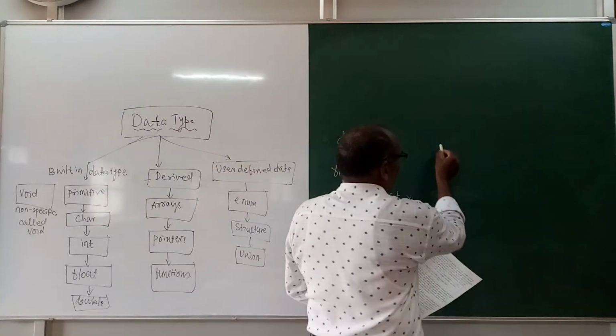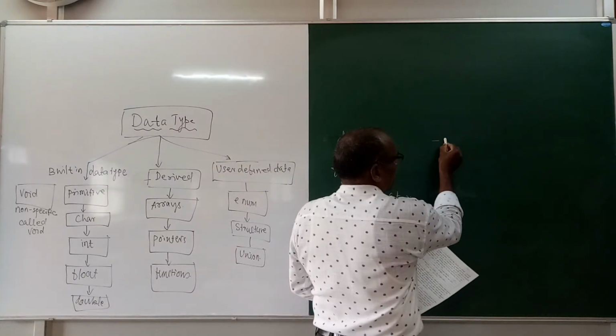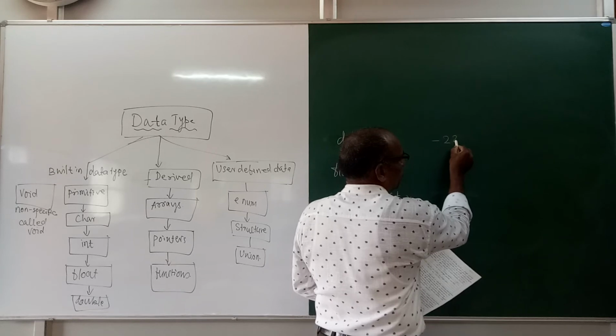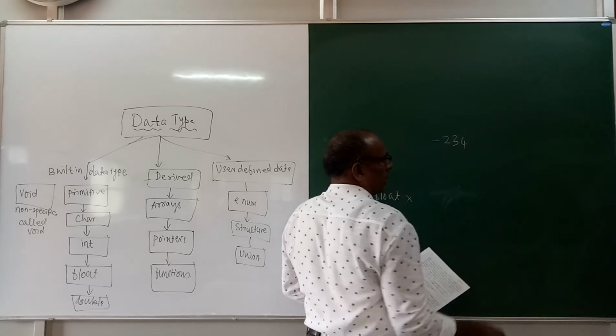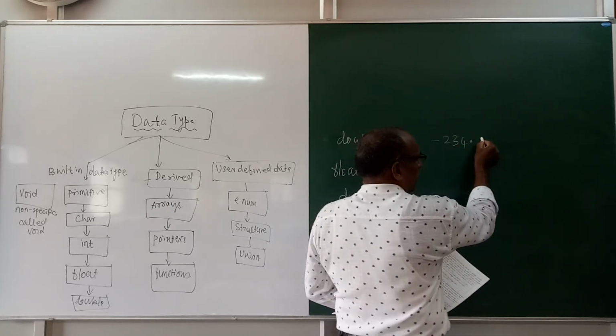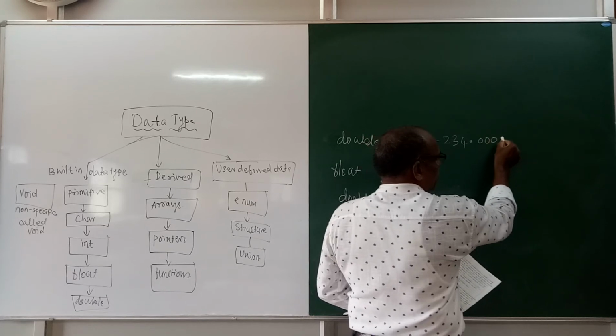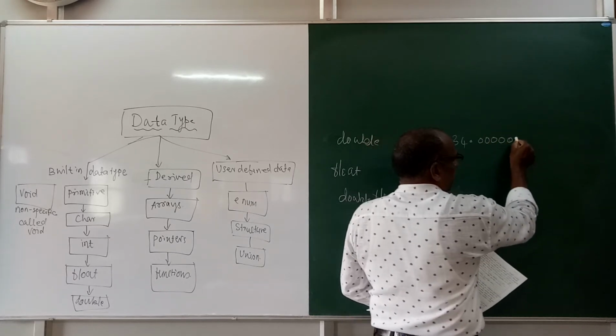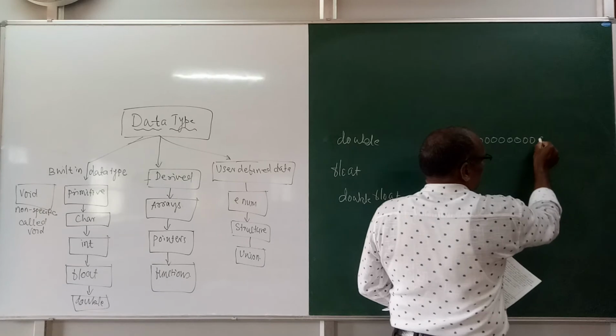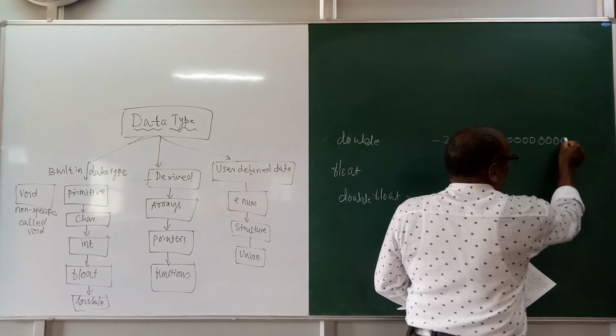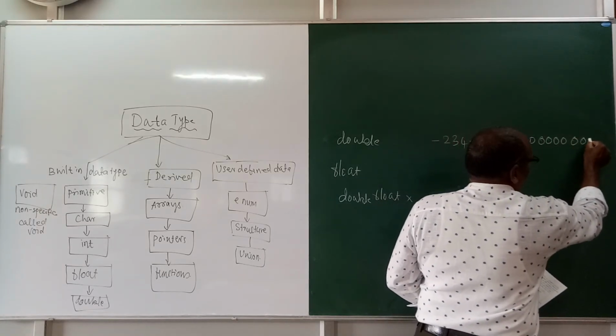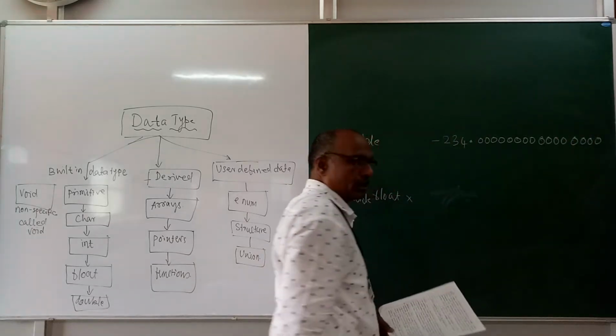For example, say the number is minus 234 decimal point, and then 16 digits.